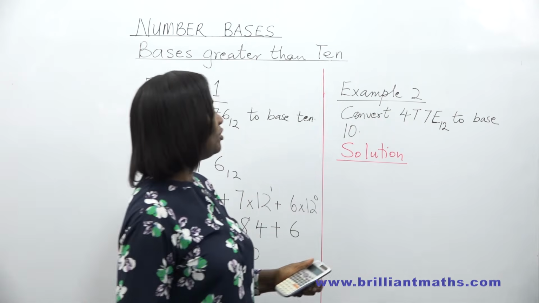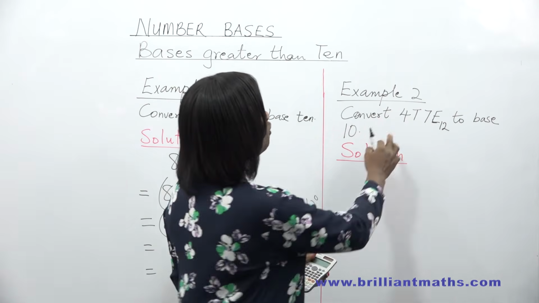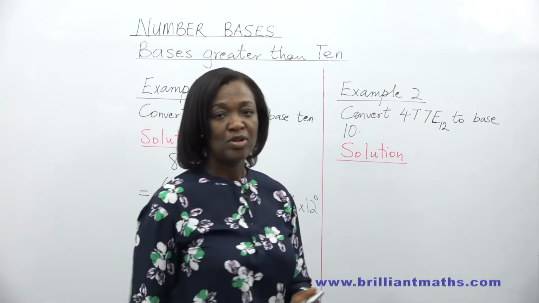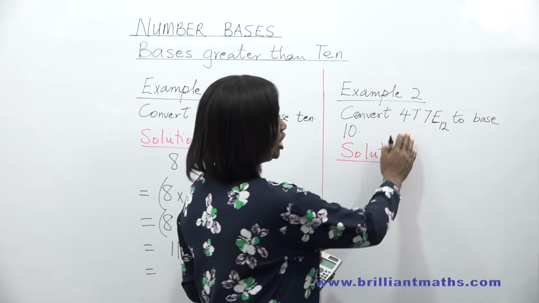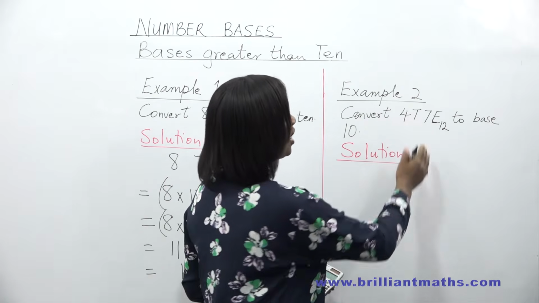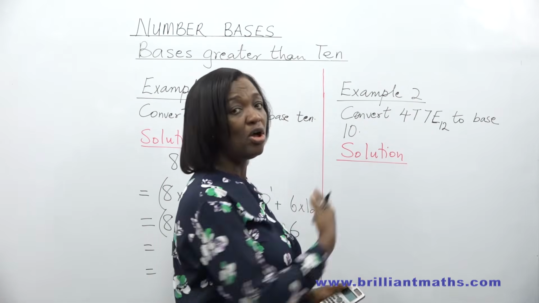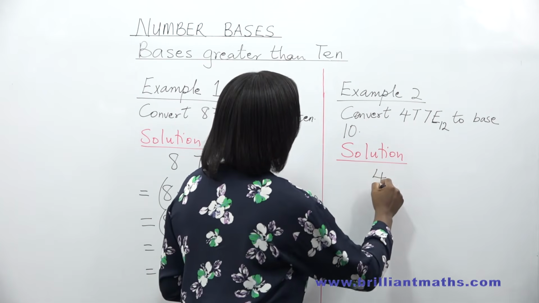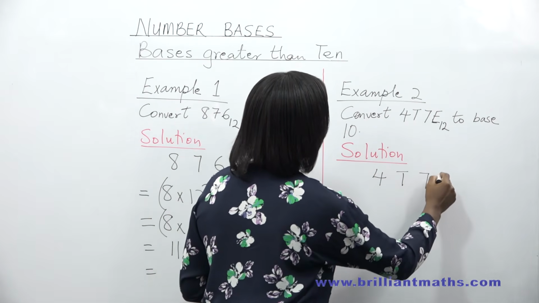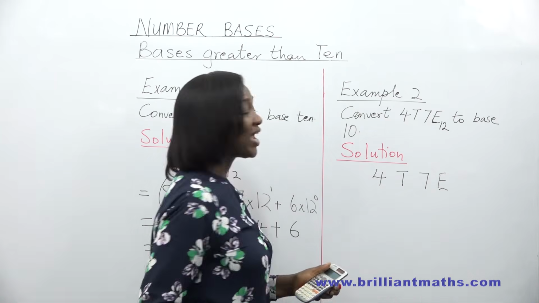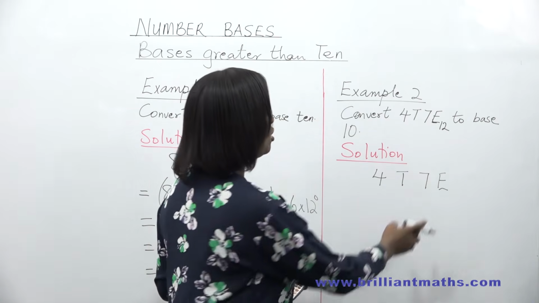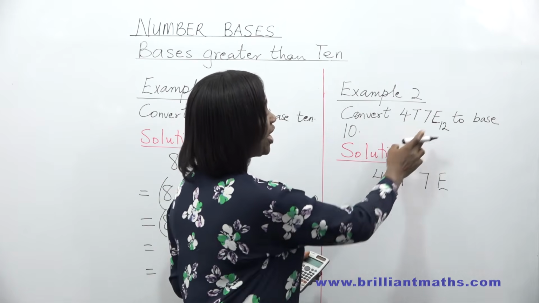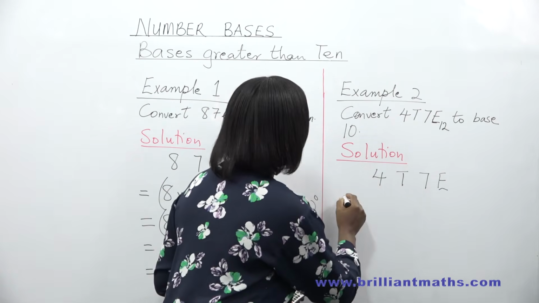The second example, we want to convert 4T7E base 12 to base 10. Remember that T is for 10 and E is for 11, all in base 12. So we write out the number, 4T7E. We count from 0: 0, 1, 2, 3. So 4 is going to multiply 12 raised to the power 3. Remember that?